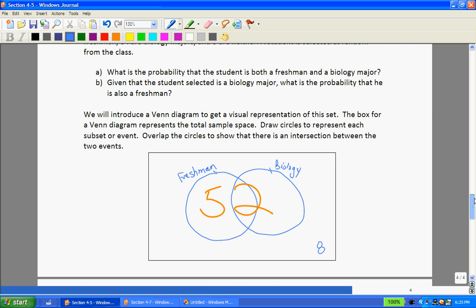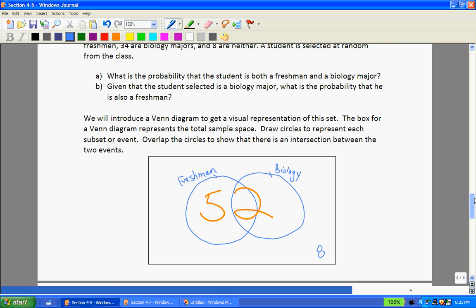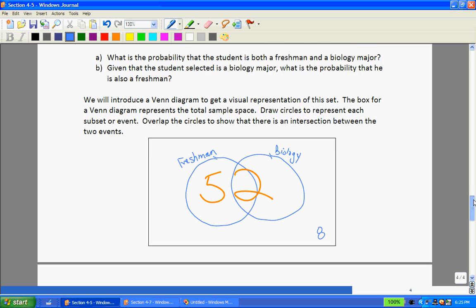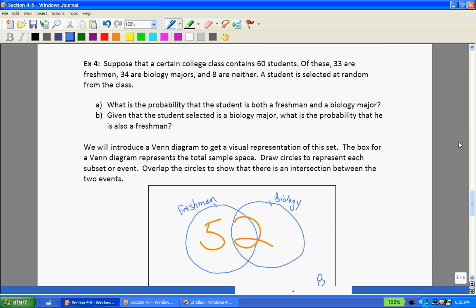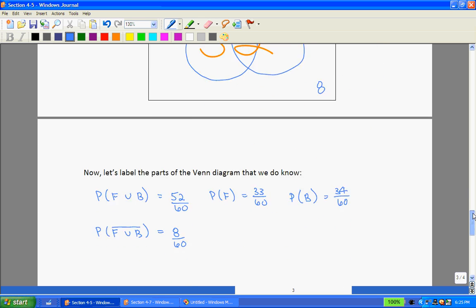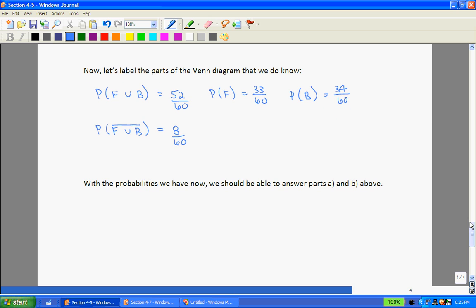So part A says, what is the probability that a student is both a freshman and a biology major? That word "and" should kind of ring a bell in your head. If you remember, it refers to an intersection.